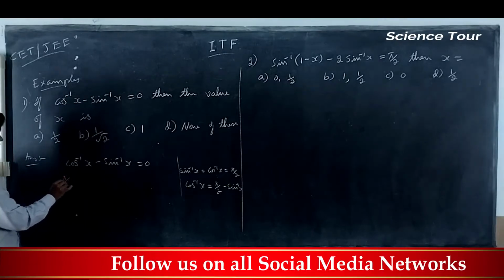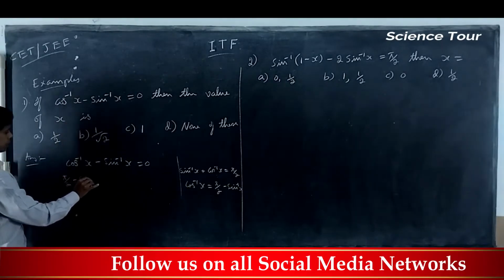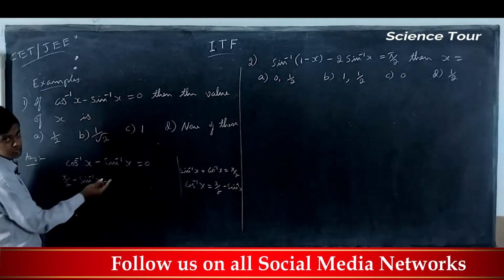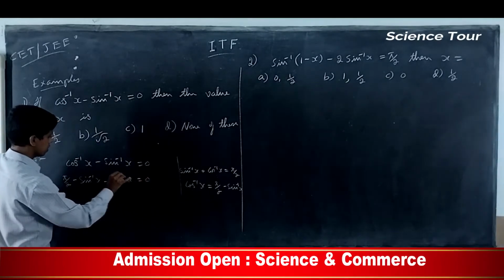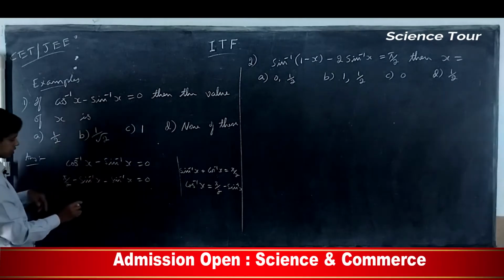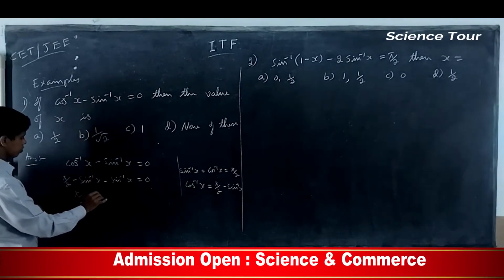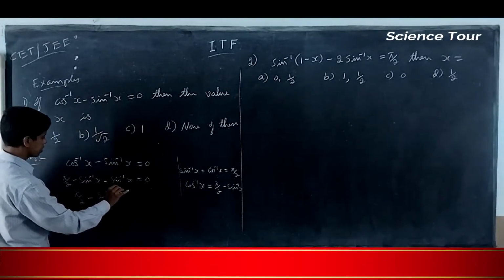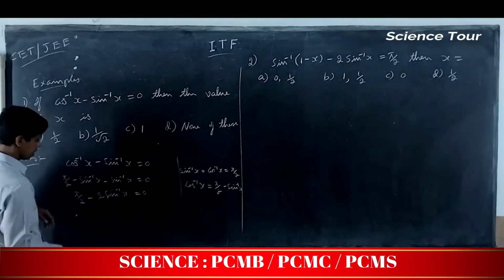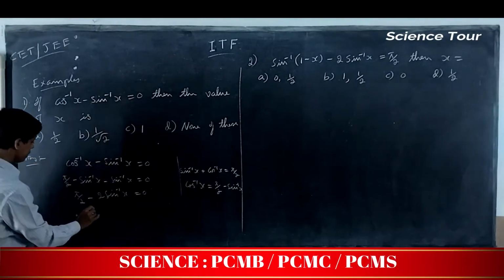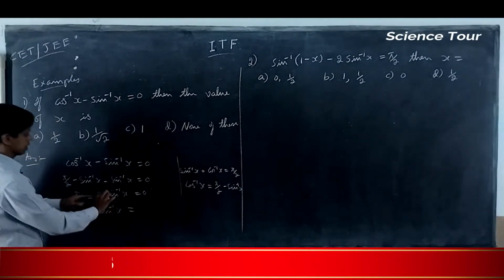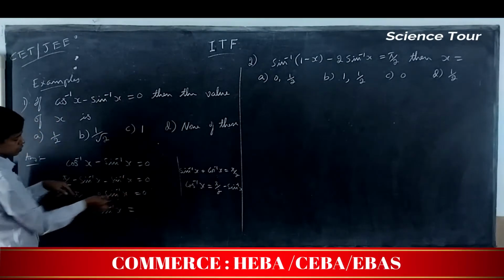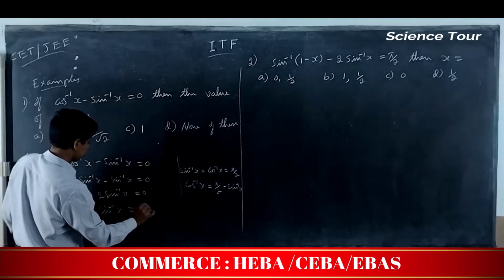So that is pi by 2 minus sine inverse x, and this sine inverse I will take as it is. Now this is minus sine inverse, therefore pi by 2 minus 2 times sine inverse x is equal to 0. Now 2 sine inverse x will be positive, that is equal to pi by 2.